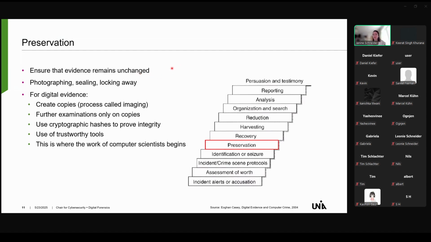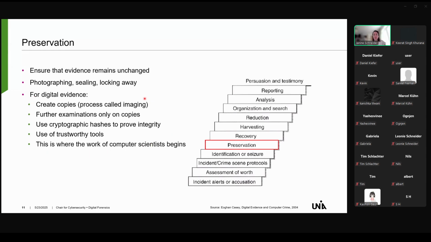It also applies to classical traces. At a crime scene or with classical traces, you usually photograph everything, you seal it, and you lock it away. You also do that with HDDs, for example. You copy them, you photograph every step, you seal them, and then you lock the original away.